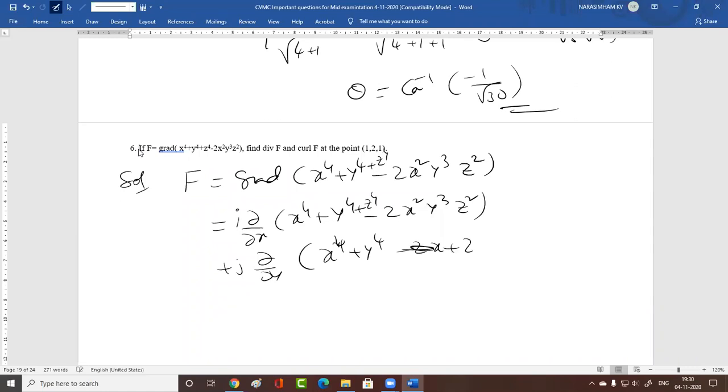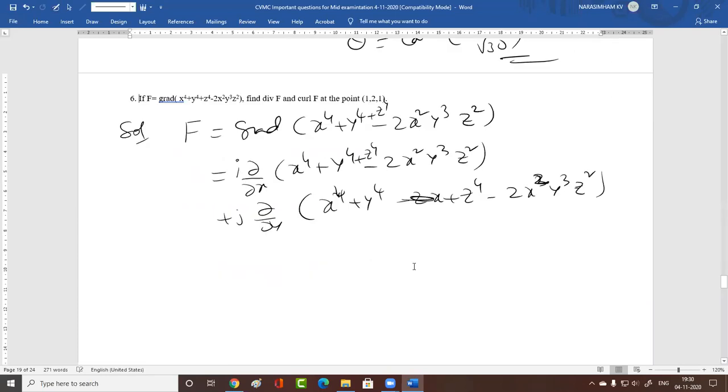Plus z power 4 minus 2x squared y cubed z squared. Now the third term, plus k times ∂/∂z of x power 4 plus y power 4 plus z power 4 minus 2x squared y cubed z squared.